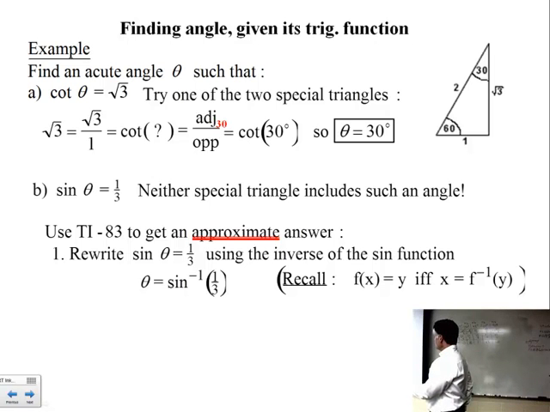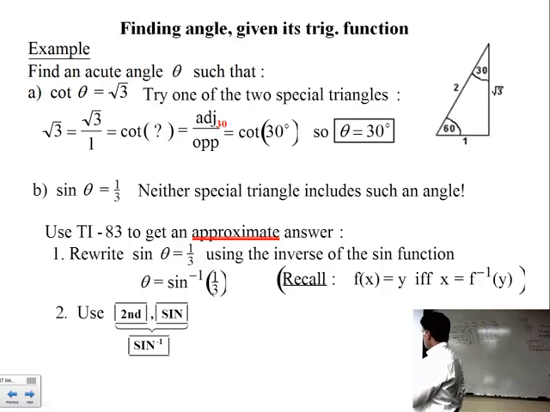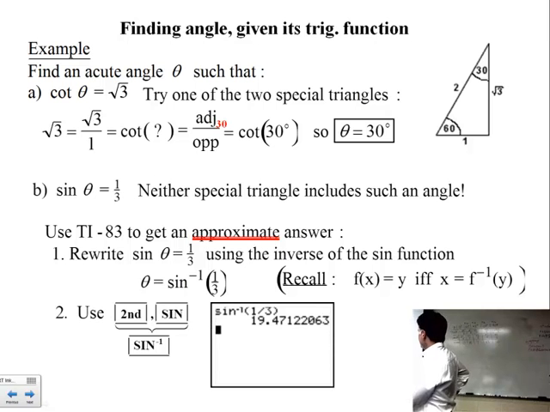So how do we get this? On a TI-83, you hit the second key, and then the sine, and that turns it into the sine inverse. You enter 1/3, and this is what you get. Is that in degrees or in radians? Degrees. That's almost certainly in degrees. In fact, it is in degrees. You would get that if you were in degree mode.